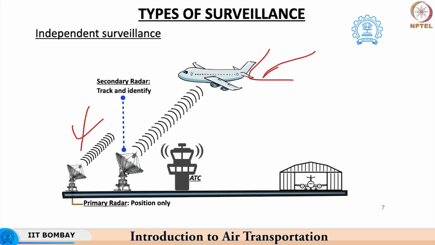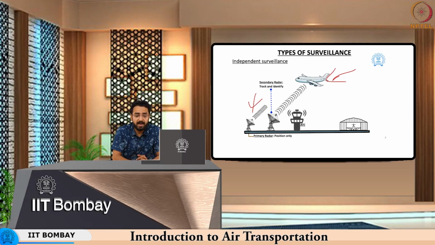However, with time aircraft have implemented a more advanced version of the radars called the secondary radar services, wherein apart from the position, these radars are also able to find the altitude as well as the identity of the aircraft. Now, these identities are in pilots' terms called squawk codes.